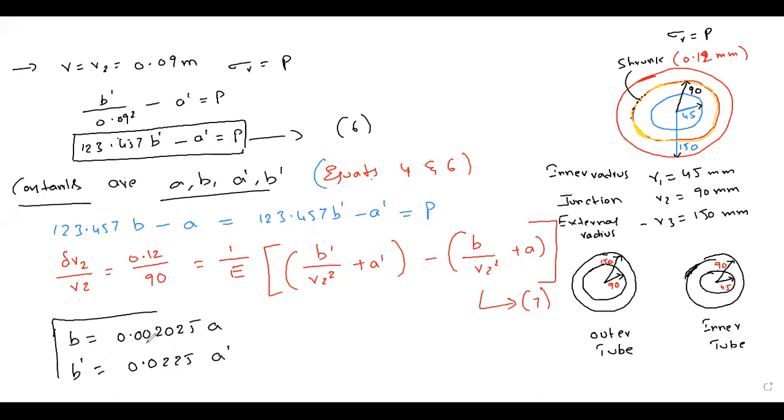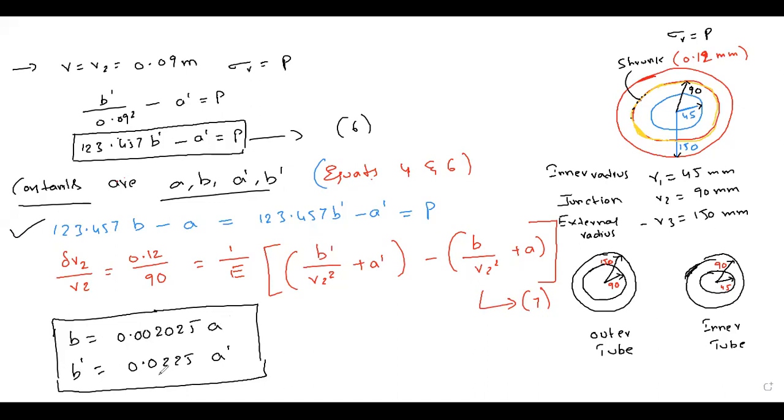So B is equal to A by this, 1 by 123.457, which is 0.002025 of A. So like this, from this relation, I can write B as this value and B dash as this value.